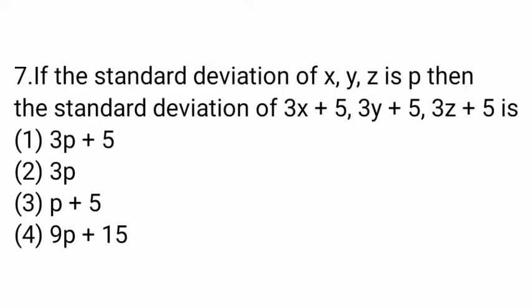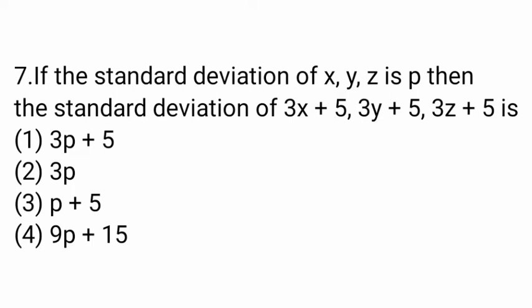Can you understand? Okay. Seventh one: if the standard deviation of x, y, z is p, then the standard deviation of 3x plus 5, 3y plus 5, 3z plus 5 is: first option 3p plus 5, second option 3p, third option p plus 5, fourth option 9p plus 15. What is the question?